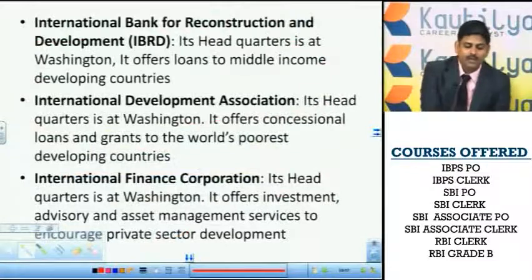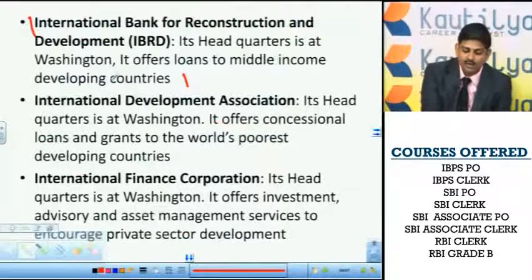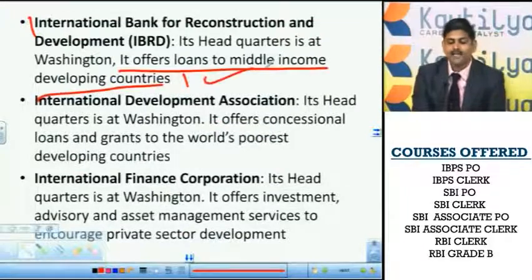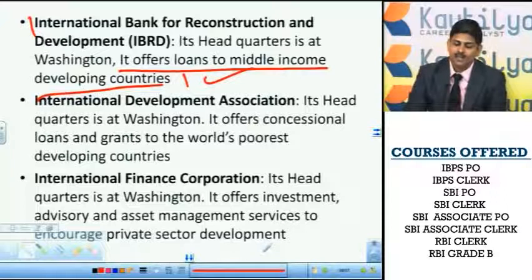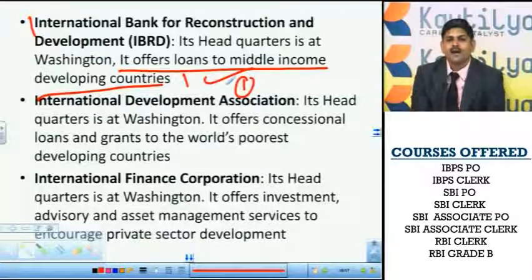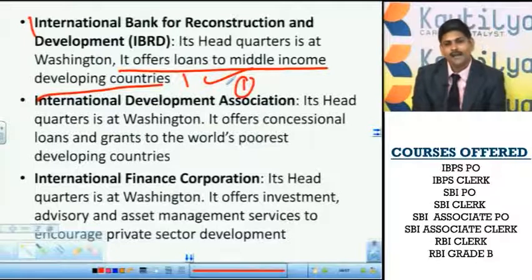So the International Bank for Reconstruction and Development also has its headquarters in Washington. It offers loans to middle income and developing countries. Here the aspirants must be very careful, as the questions can be tricky in this area. They may ask which of the following organizations aims to offer loans to middle income and developing countries.